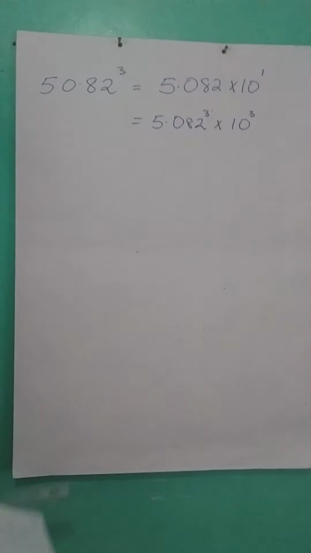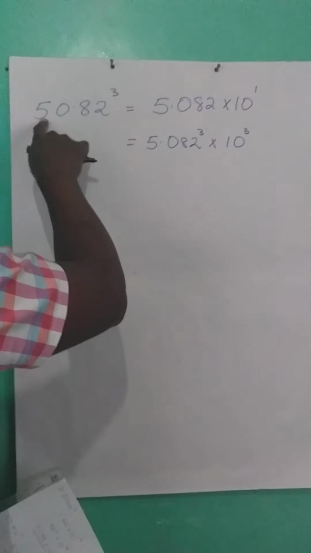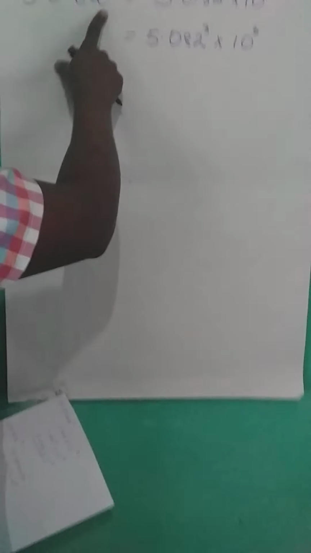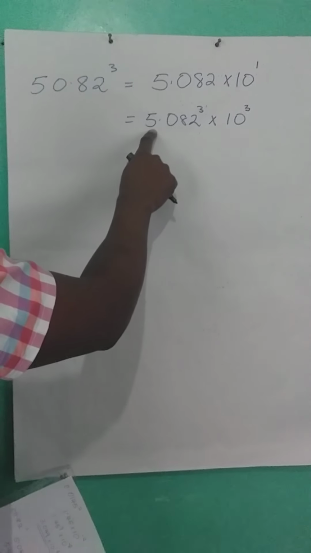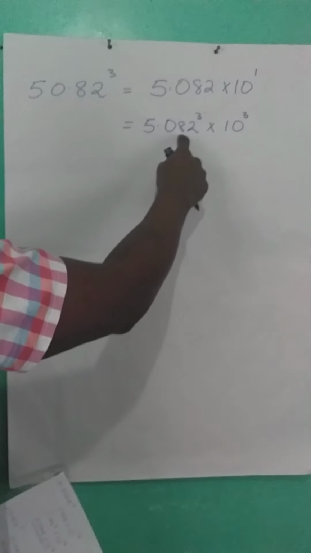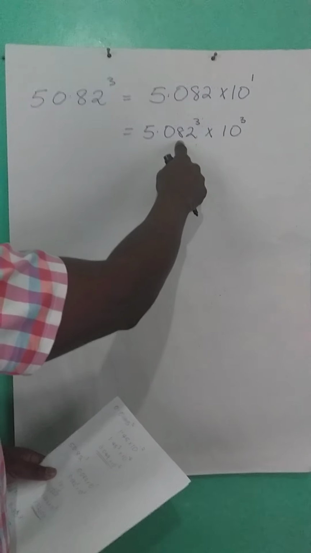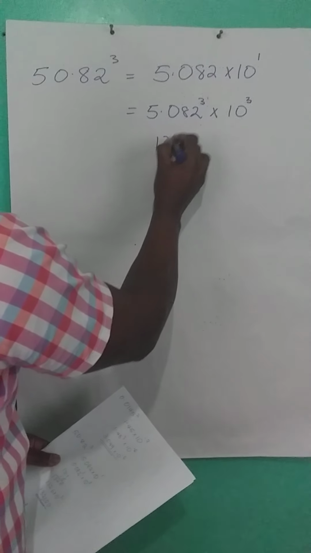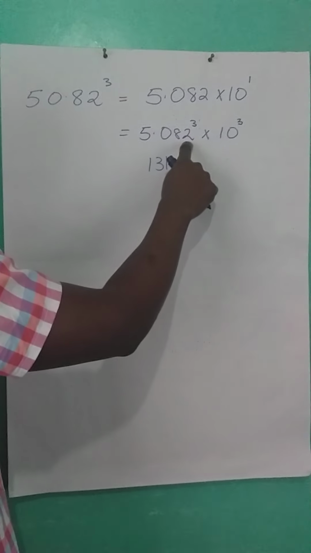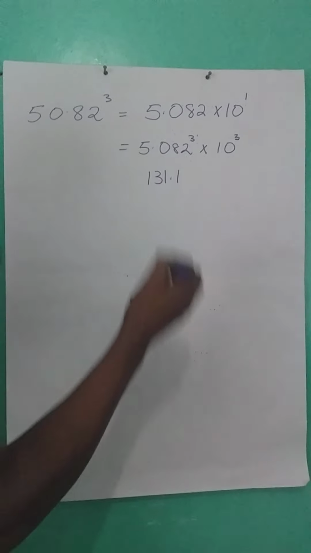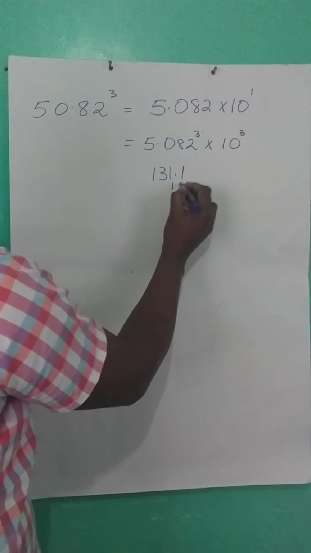So again, from our mathematical table, 5.082 cubed, under the column x you find 5.0, then at 8 we will get 131.1. Then the fourth figure is obtained from the add column, where we are told to add 15.